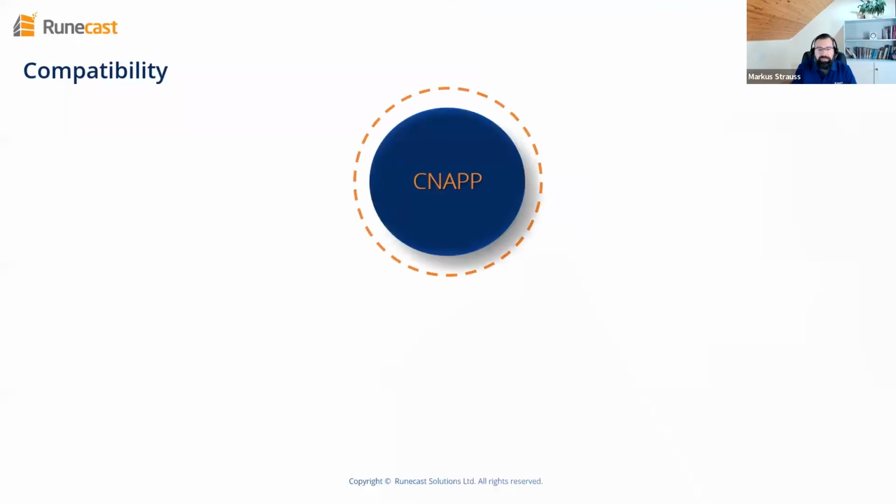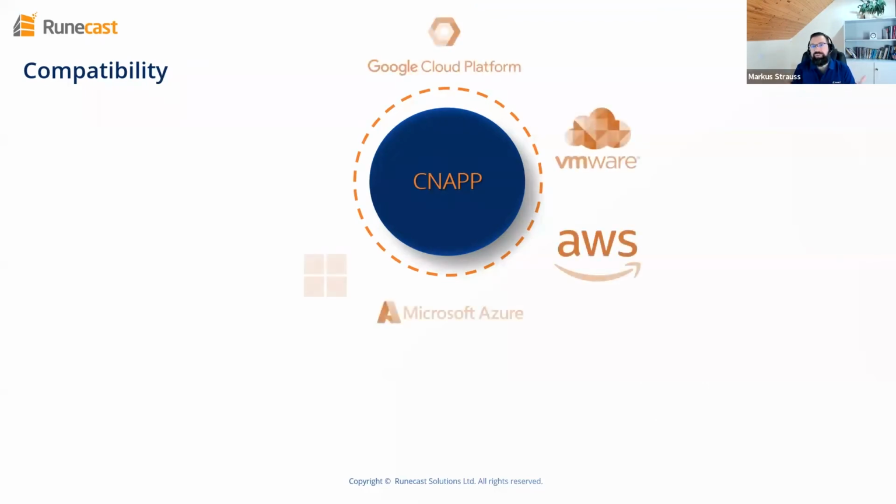Lastly, compatibility, right? I kept touching on the fact that we have to be able to do these things across multiple different places, right? And at the heart of this is compatibility.